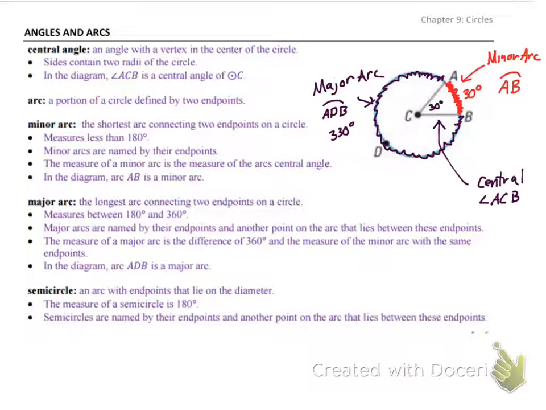Semicircle. Semicircle is just half a circle, right? It's an arc with endpoints that lie on the diameter. So if I have a circle and I have a diameter, my semicircle, let's go ahead and label it.